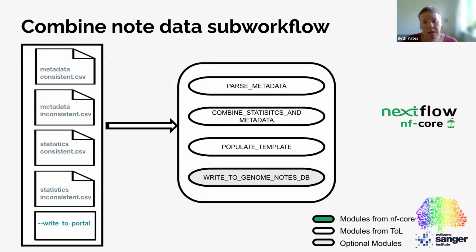And then the final step in the pipeline is pulling all of the information together from the different sub-workflows. So these are the files that I was talking about earlier, the consistent parameter file, the inconsistent parameter file.